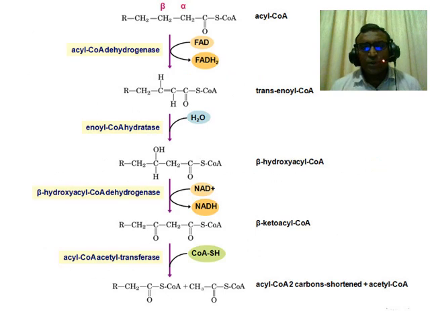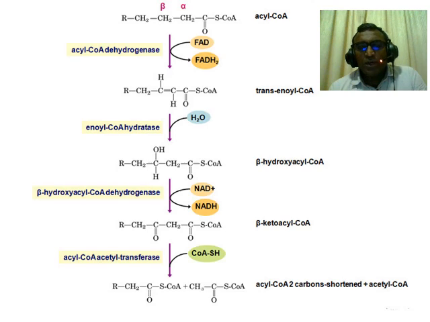So here is shown the beta oxidation, whereby there are 4 steps for each time to remove 2 carbon as acetyl coenzyme A. You have the acyl coenzyme A, where the reaction takes place at the alpha carbon as well as the beta carbon.